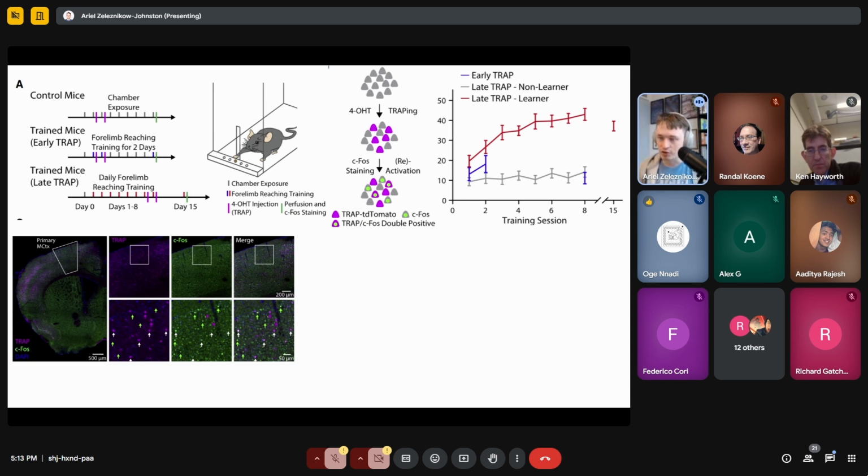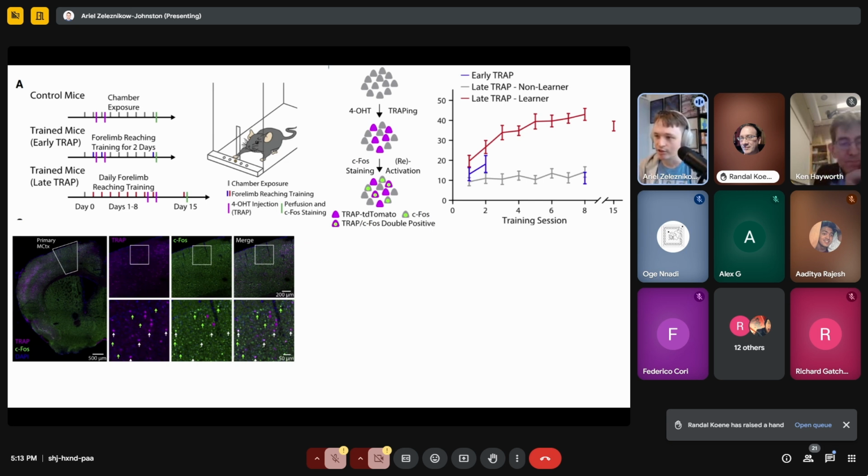Okay, so that's showing that. On the bottom, what you can see basically is the visualization of what they were specifically trying to do. They were looking at motor cortex. I'll just finish this, Randall, and then you can go. You can see in pink on the left the neurons that are labeled with TRAP at any particular time when they did the labeling. In the middle, you can see the cFos, which is the cells that were active and had intrinsic cFos expression immediately prior to the animals being sacrificed.